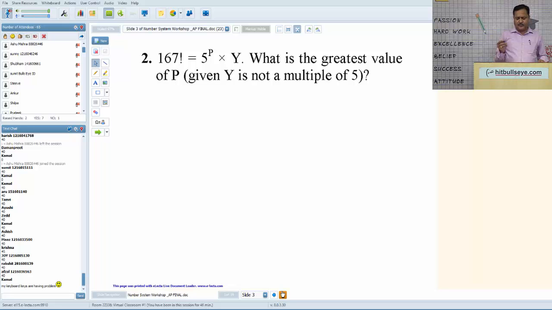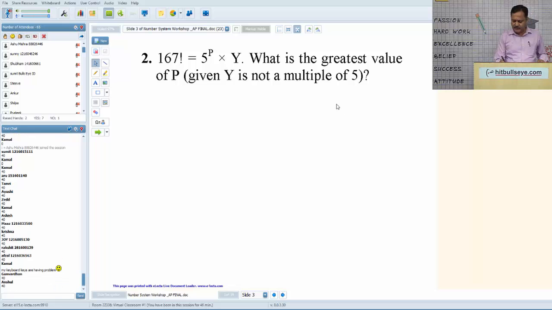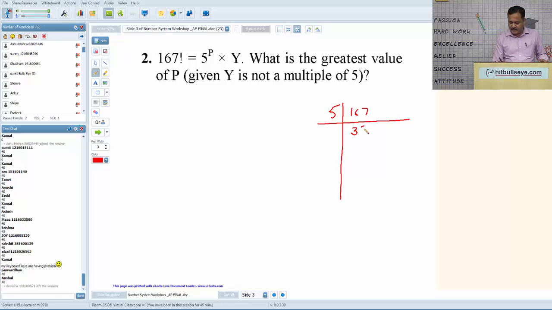This is the same as we did in the last question. Successively divide 167 by 5 till the end. So 167 divided by 5 first comes to 33, then again divided by 5, this comes to 6, then again divided by 5, this comes to 1.